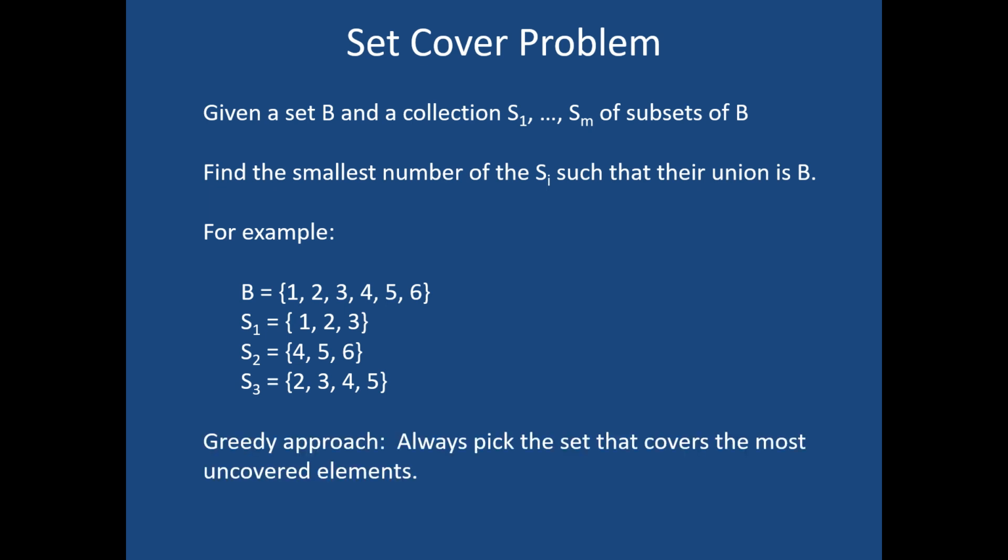There's a greedy approach that gives you an approximation: always pick the set that covers the most uncovered elements. If you use the greedy approach here, what would it pick first? S3, because it covers 4 uncovered elements. Now the uncovered elements are 1 and 6. Which would you pick next? Either one, each covers 1. So you end up picking all 3. That's an example where the greedy algorithm fails.